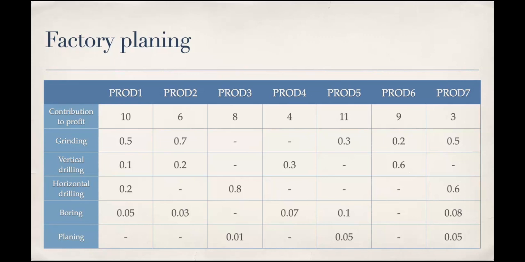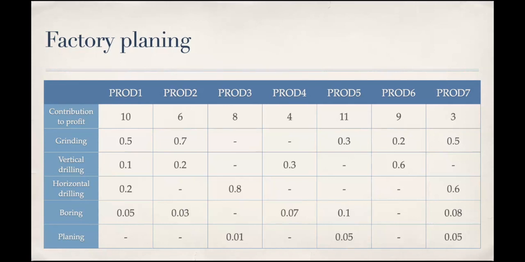For product two, you can follow this: it needs grinder, vertical drilling, and no horizontal drilling, but needs borer for 0.03 hour.